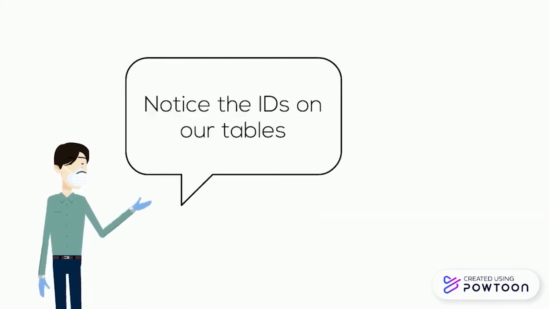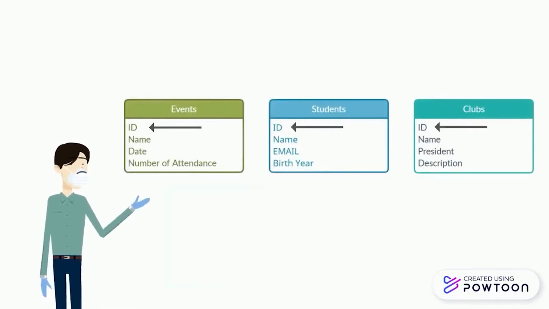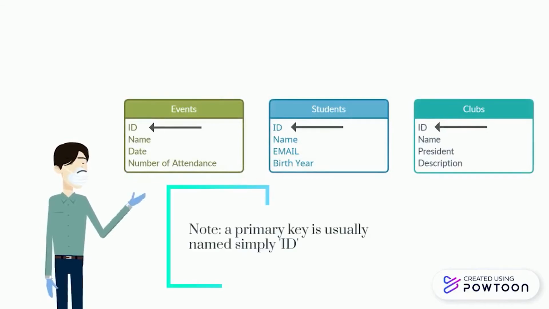Notice the IDs on our tables. For events, students, and clubs. Note, a primary key is usually named simply ID.